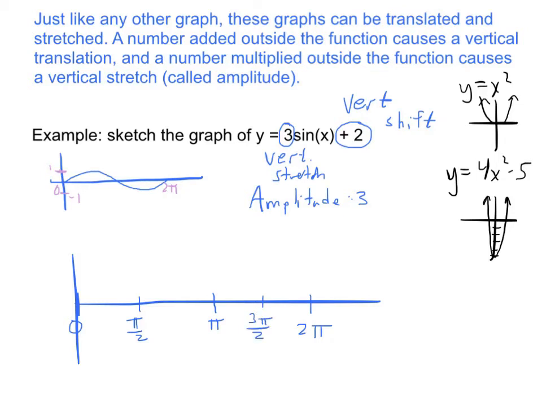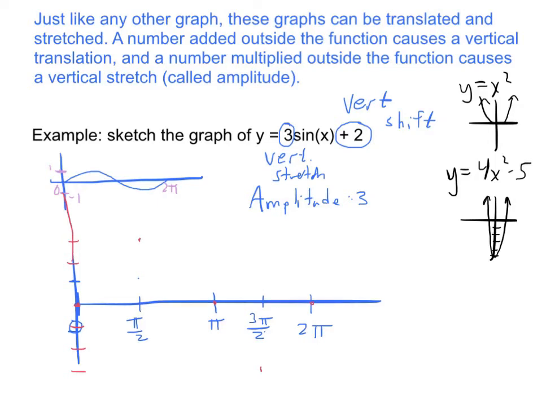We knew our original graph was supposed to start here, go up to 1 by this point, and down to -1 by this point. We had a few values pinned in there. So here, first of all, I'm probably going to run out of space, this might get messy. I know my graph is supposed to start at 0, go up 3 units, so 1, 2, 3, by here, back to 0 here, down 3 units over here at 3 pi over 2, and then back up to 2 pi here.